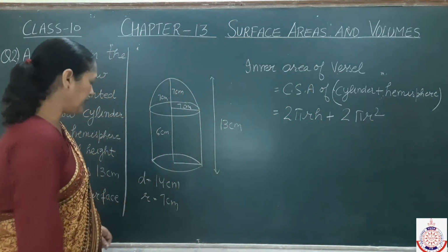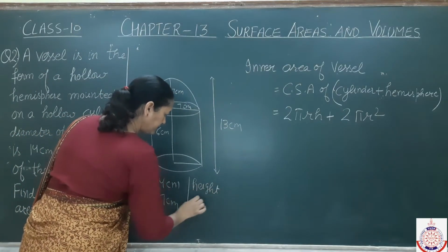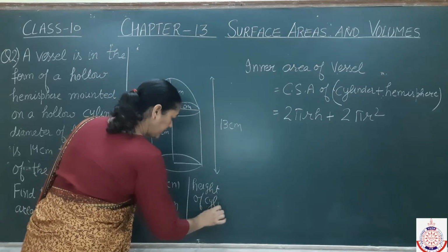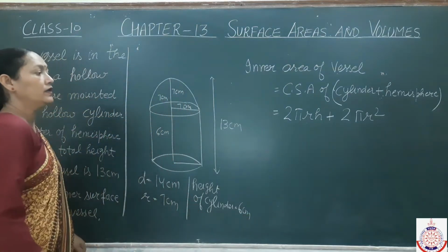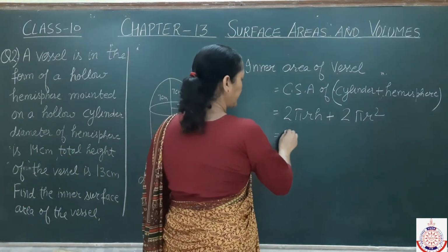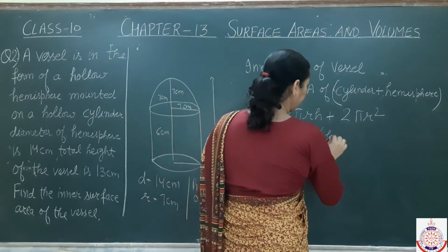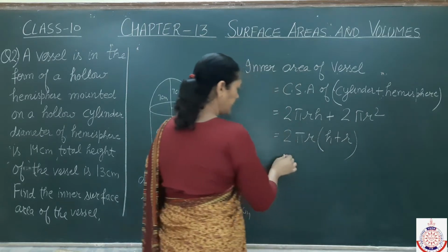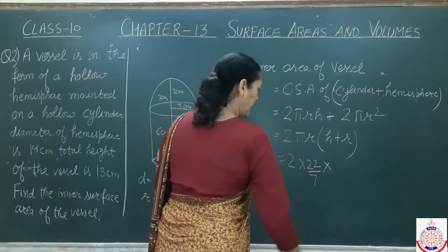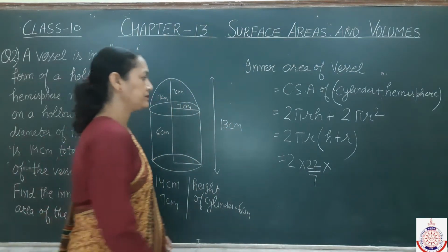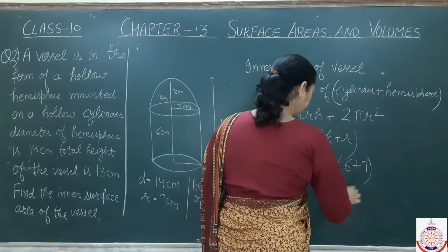Now R is 7 and the height of the cylinder is 6 centimeter. Here we can take 2 pi and R as common, and we are left with H and R. 2 pi is 22 by 7, R is 7, H is 6, R is 7.